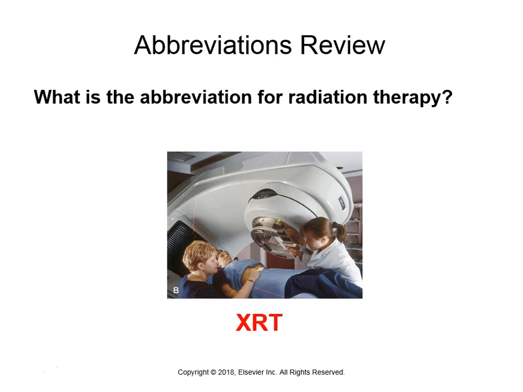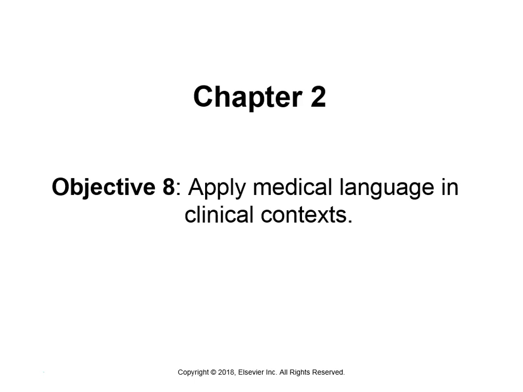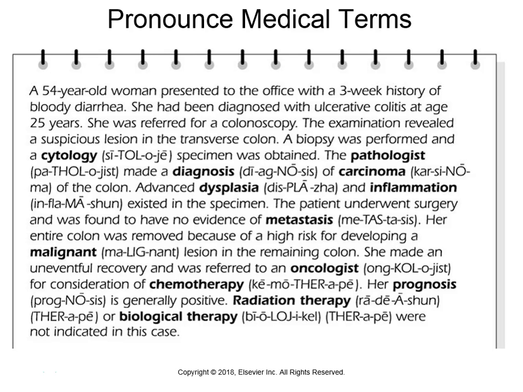Okay, at the very final point of the chapter, there are clinical contexts. I think they're really helpful to tie it all together. That's where you can read through a situation where it's using a lot of the terms that you've been exposed to in the chapter, and it has the pronunciation piece and gives you a better understanding of what's happening.